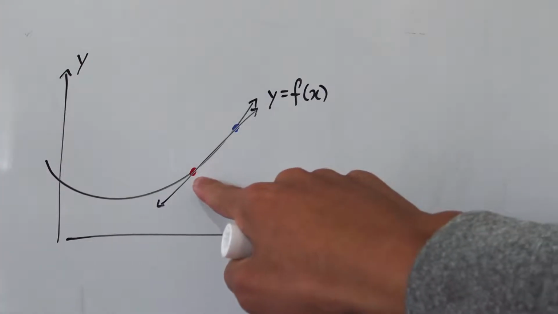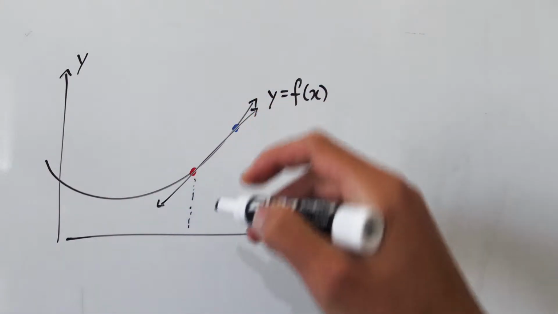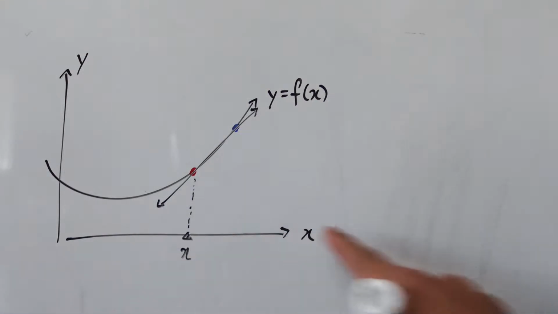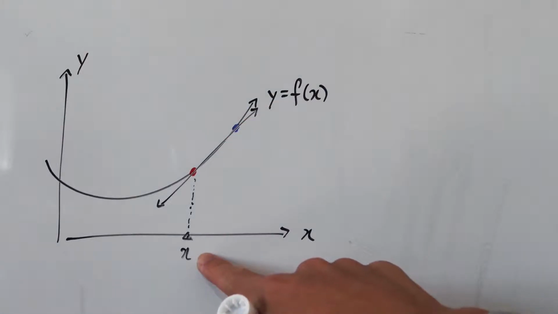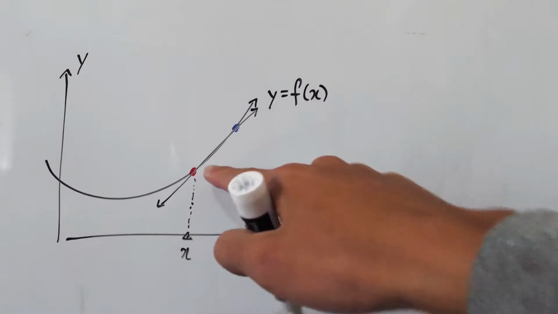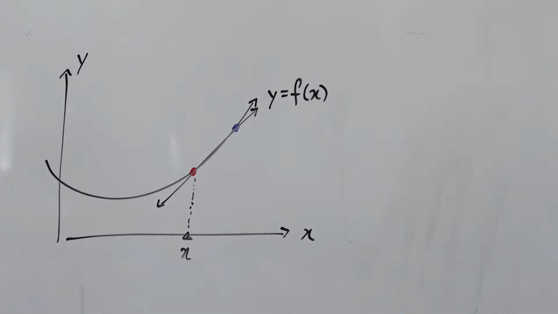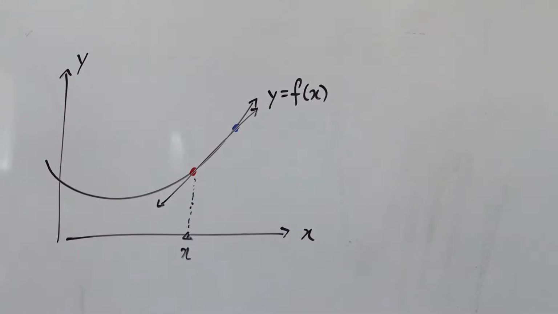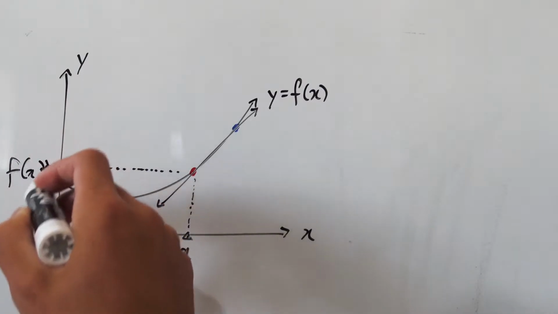Let's call the x-coordinate of the point we want to find the gradient of x. x can be any single point along the x-axis. If the x-coordinate is just x, then what is the corresponding y-coordinate? Just plugging x into this function, we get f of x. So the y-coordinate of this point is simply f of x.